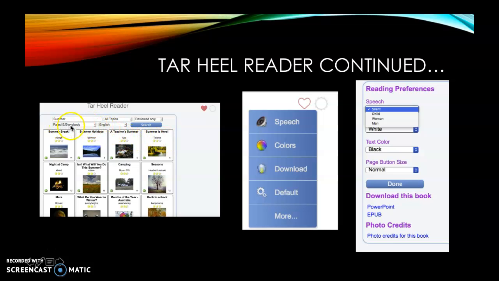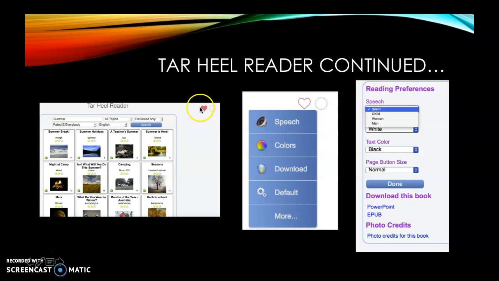And here you can put under what it was rated by and also the language. So there's many different languages that the stories also come in, which is great. So this little heart here too is where you can click on to add stories to your favorites.